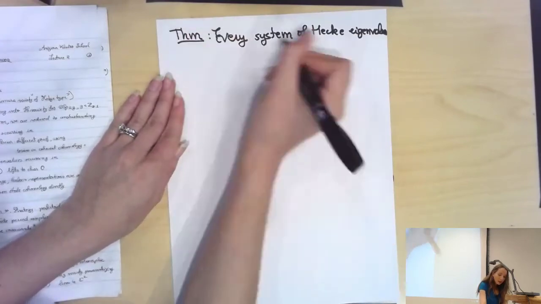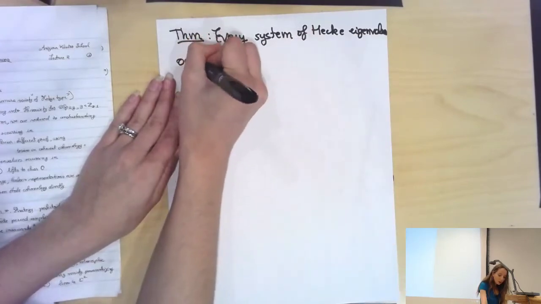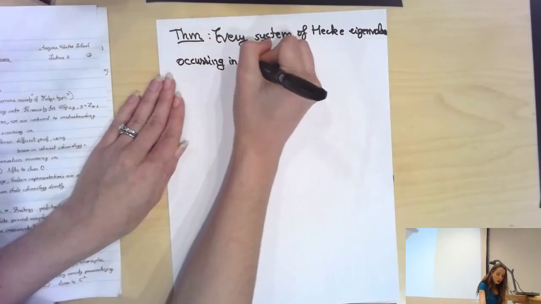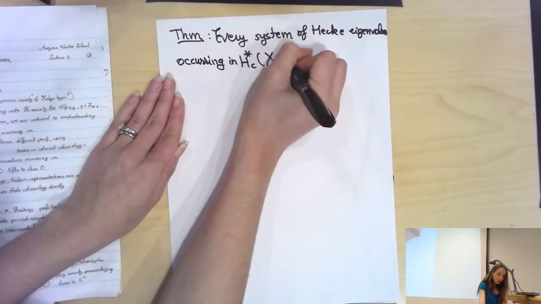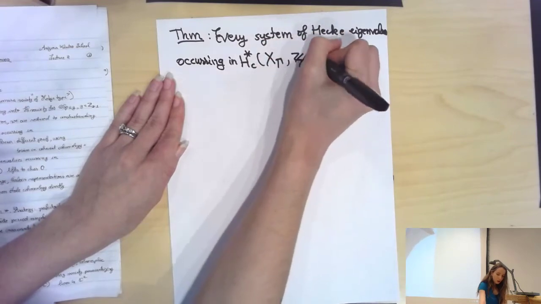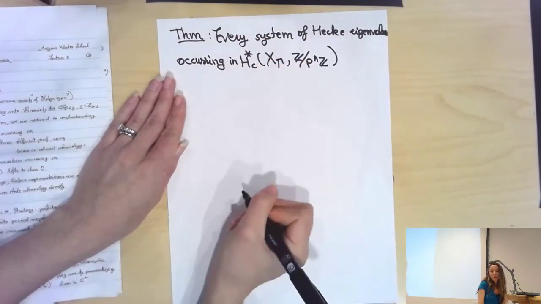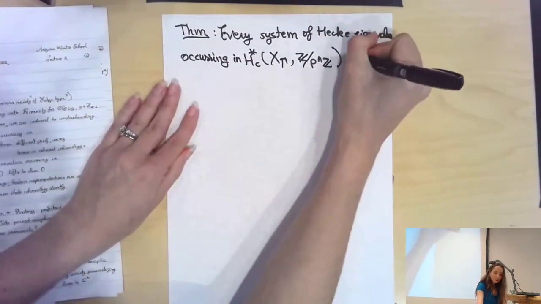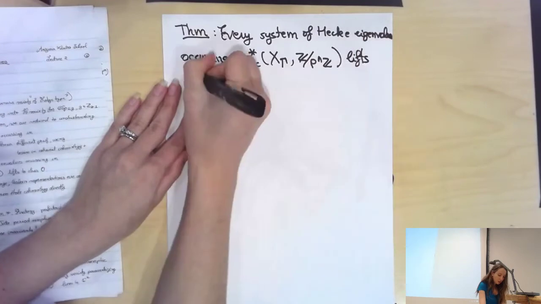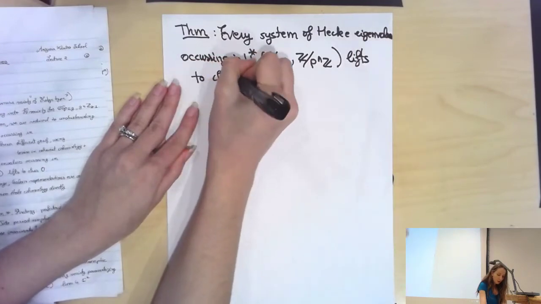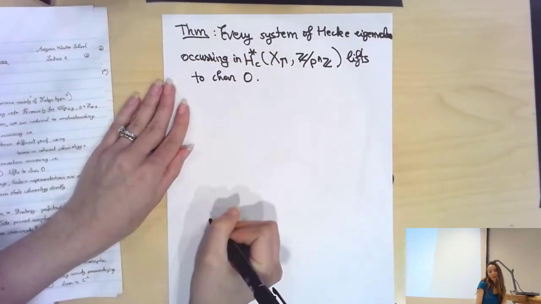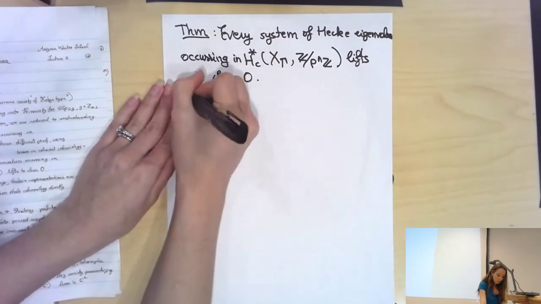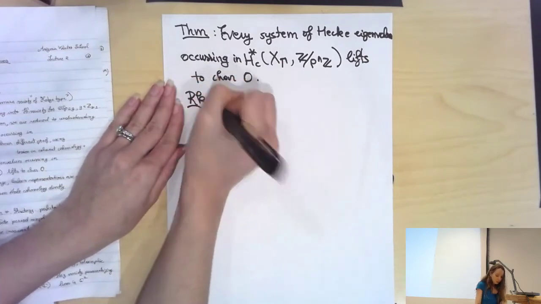So every system of Hecke eigenvalues occurring in this compactly supported cohomology of this, say, modular curve or more general Shimura variety lifts to characteristic 0. So that's the key theorem that you prove. Well, I guess that Peter proves.